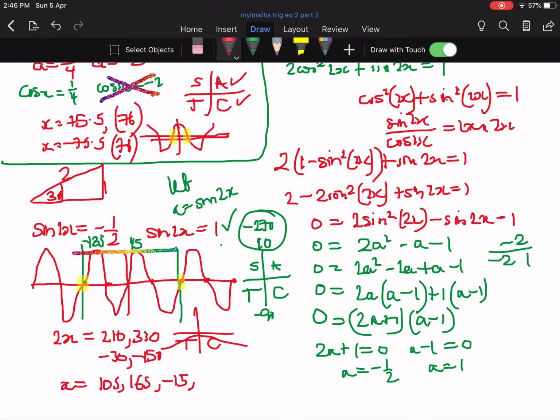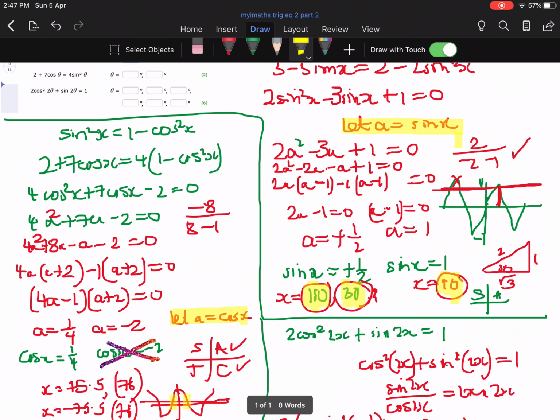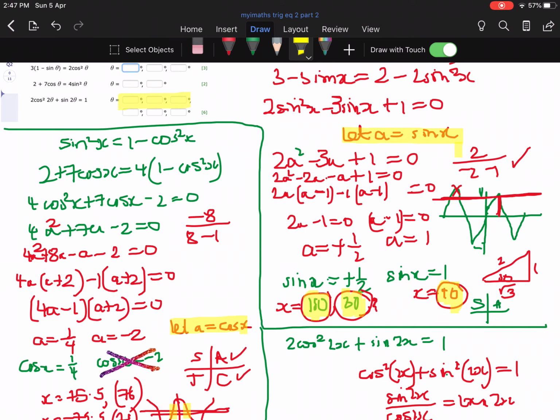And it gives me negative 75. Phew! We got there. So I've got 1, 2, 3, 4. And then 5 and 6. Let me just write those final ones, which was 45 and negative 135. So 1, 2, 3, 4, 5, 6.